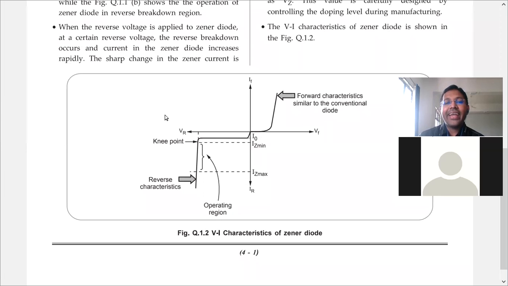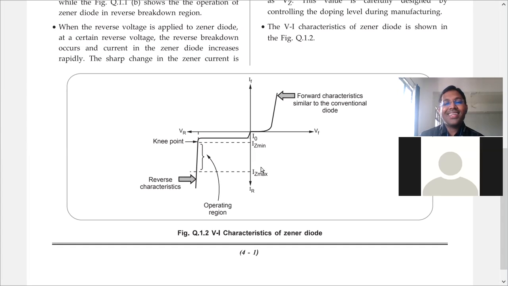And if we slightly increase this reverse voltage, there is a huge change in the Zener current. Any large current can damage the device.